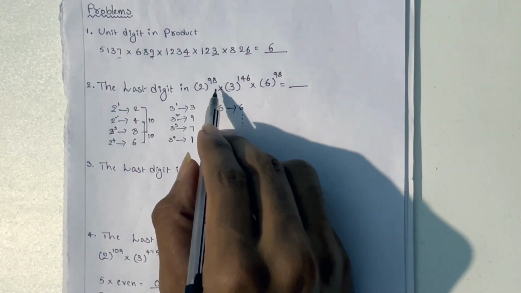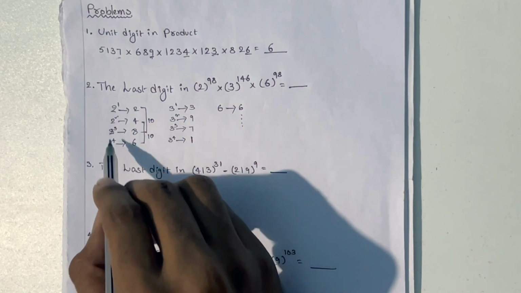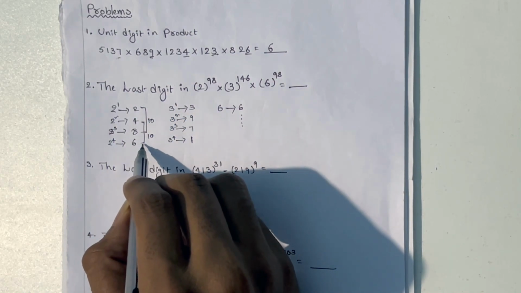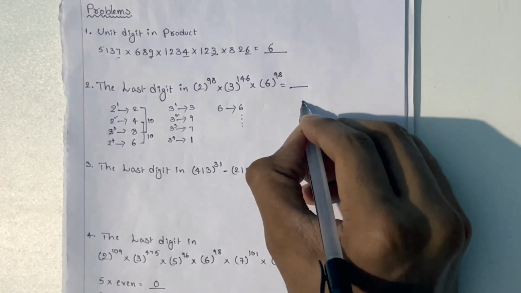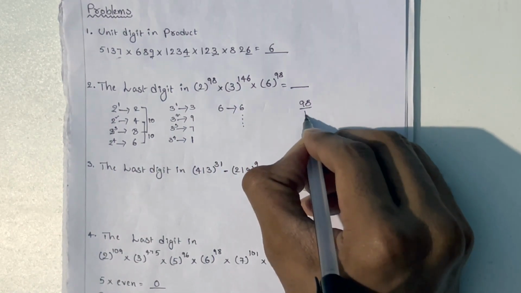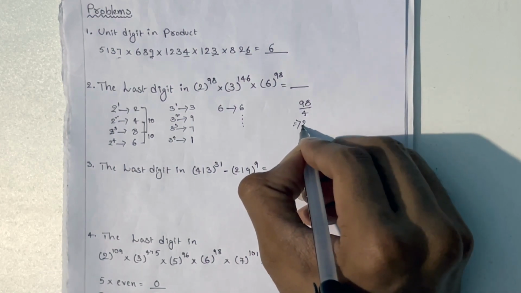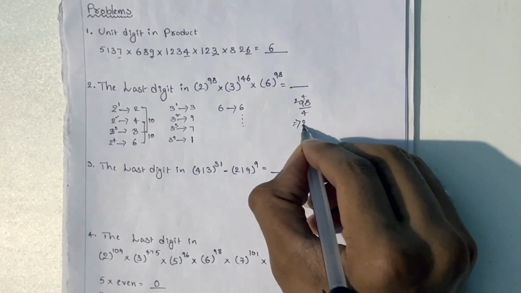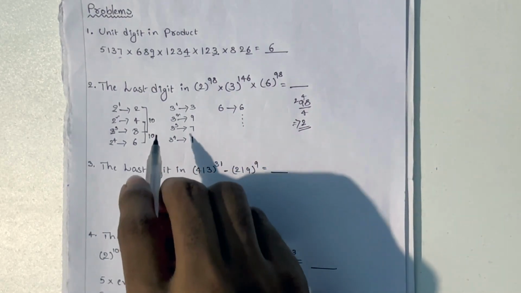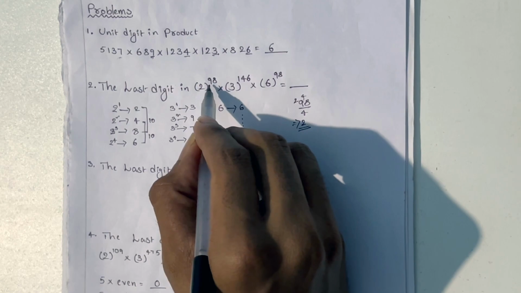For the power 98, in those powers of 2 there are 4 possibilities for the last digit, so I divide by 4. 4 twos are 8 and 4 twos are 16... the remainder is 2, so the remainder would be 4 till here.